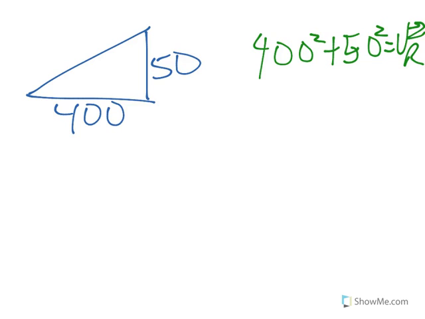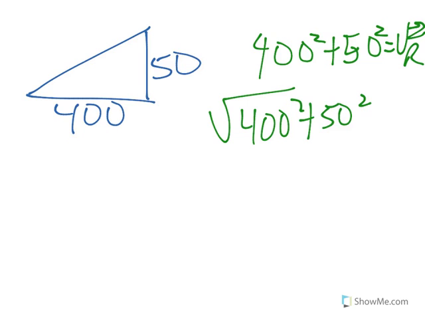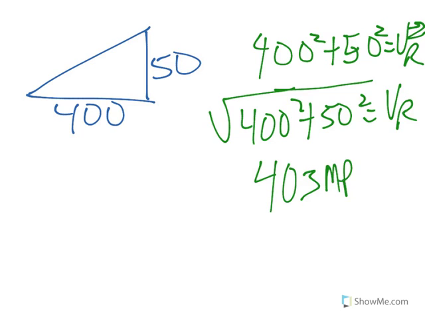Or you could rewrite this as the square root of 400 squared plus 50 squared, and that would be equal to the resultant velocity. Alright, so if you plug all that into the calculator, you should get that equals 403 miles per hour, and that's the resultant velocity.